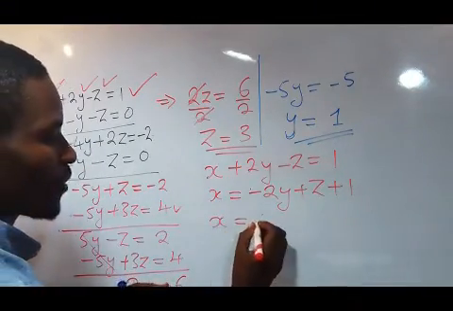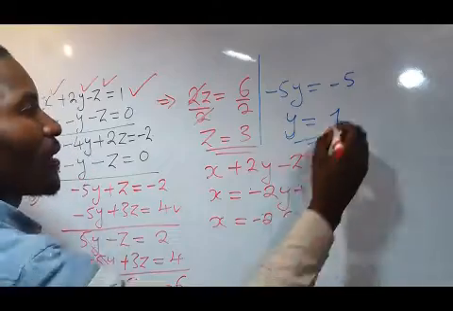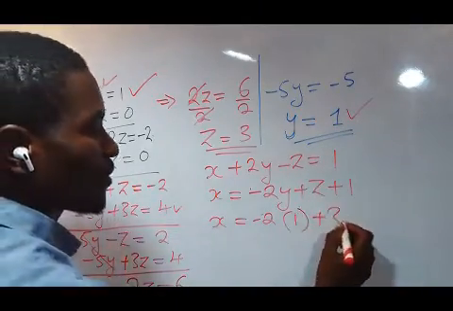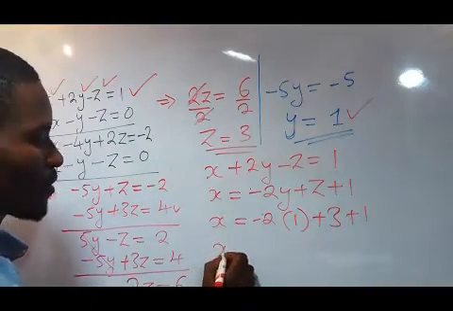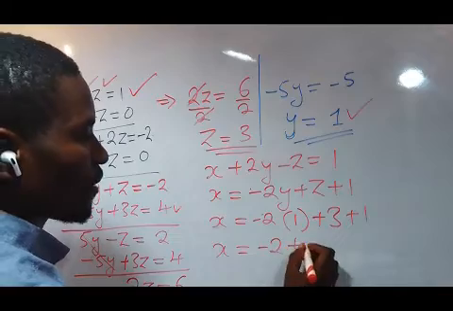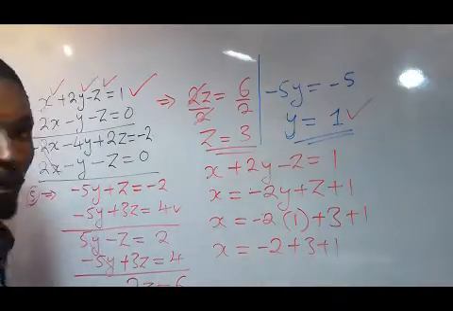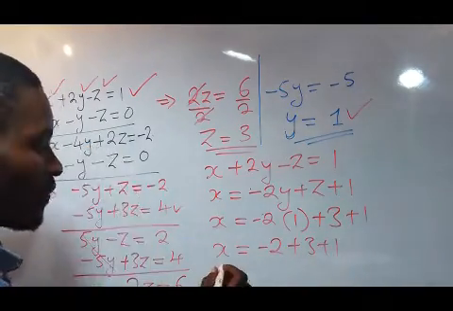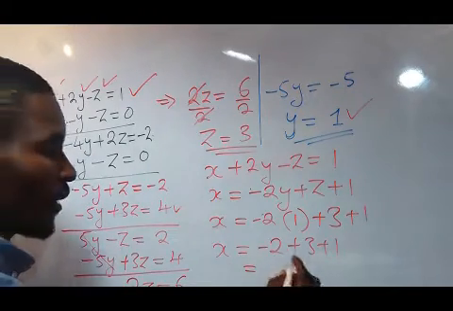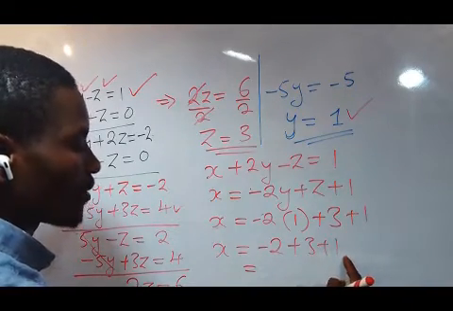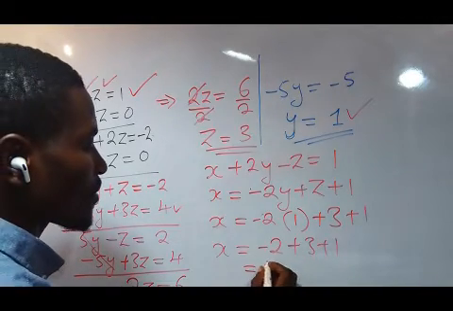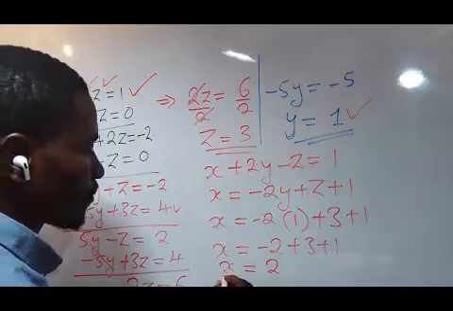Now x equals negative 2 times y, which is 1, plus z, which is 3, plus 1. So x equals negative 2 plus 3 plus 1. Finally, x is 3 plus 1, that's 4, 4 minus 2, that's 2.